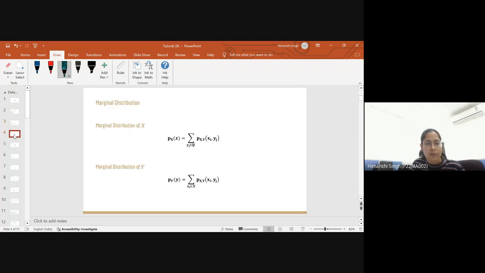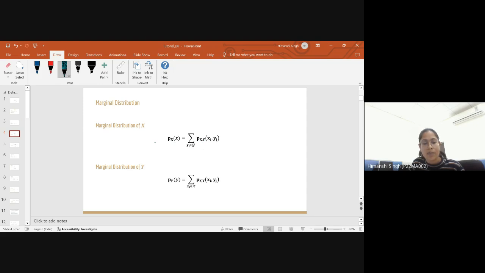Now apart from this, there is the concept of marginal distribution. If (X, Y) is a random vector, and I want to find the PMF of the random variable X, how will I find it? p_X(x) will be the summation of the joint PMF, summed over all the values of y.